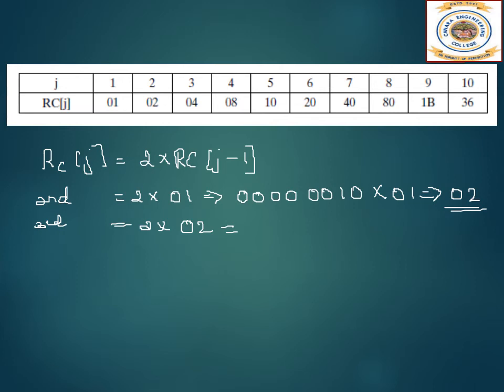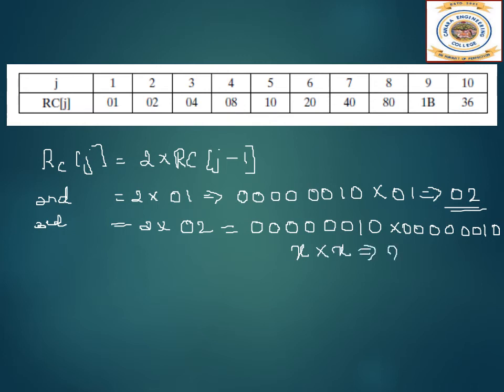So how is 2 represented? It is represented as 0 0 0 0 0 0 1 0, into 0 0 0 0 0 0 1 0. This is represented as x and this is represented as x.